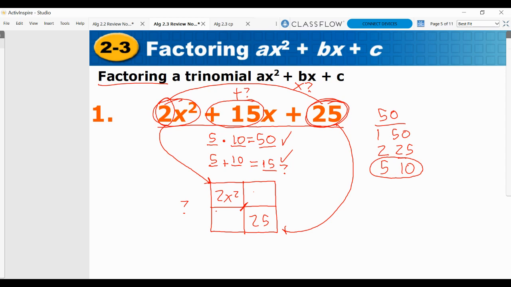Okay, and why that's helpful is each of this 5 and this 10 are going to go in these boxes here, and we're going to put an x with it. So we're going to put positive 5x right here and positive 10x right there. Okay, so those numbers fill in what goes into our other two spaces in our boxes.